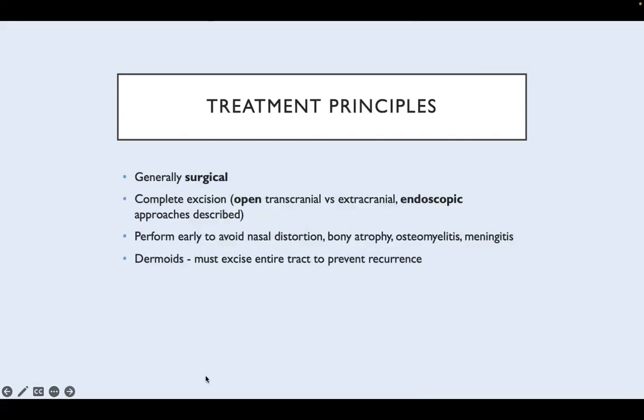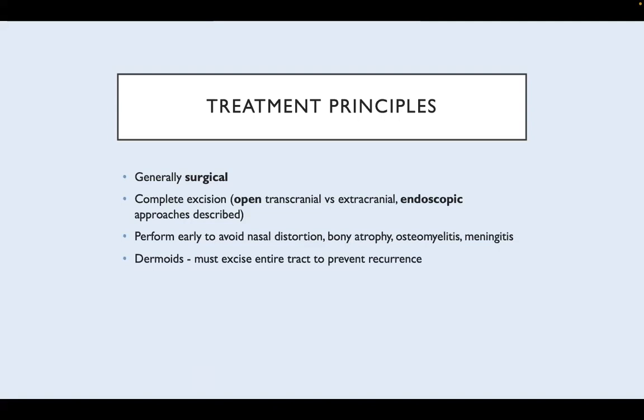And then just going over the treatment principles in brief. So generally the treatment is surgical, and what you aim for is a complete excision, and the approaches are where you can have a discussion. So you can do an open approach or an endoscopic approach. I'll go through them a little bit more in detail later.